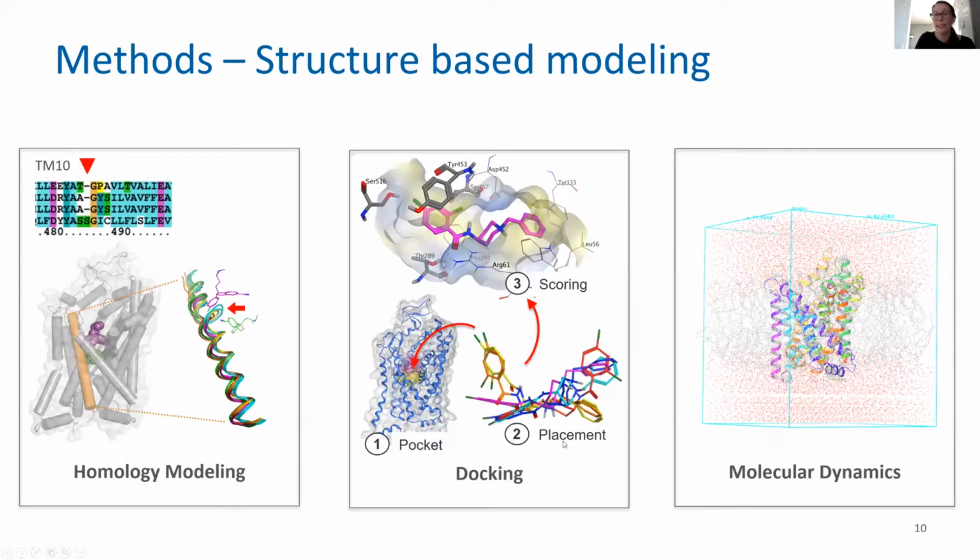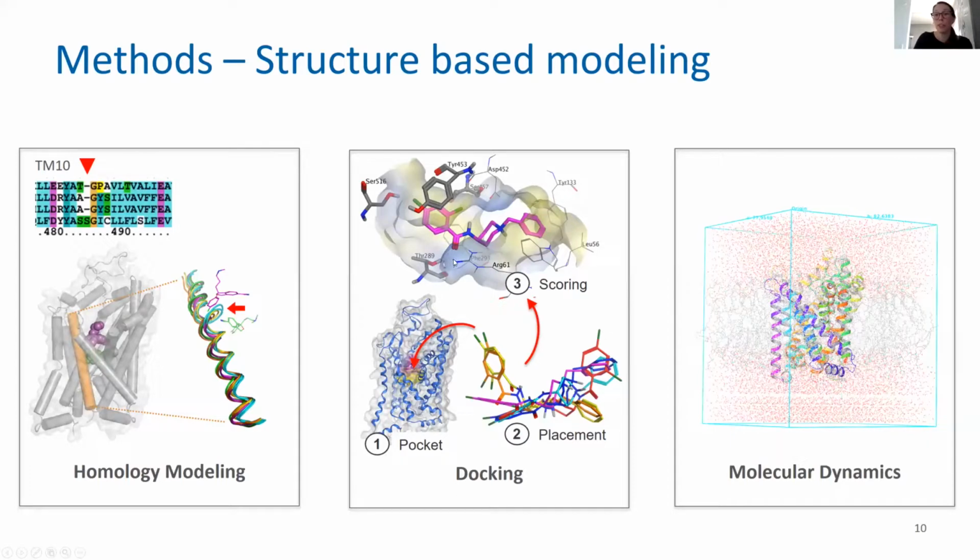And then second, we have so-called placement algorithms. They take the different conformations of our compounds and fit them into the defined pocket. And then the third, and I would say the most crucial step, we have so-called scoring algorithms that basically score and assess the fit of your compound to the protein.